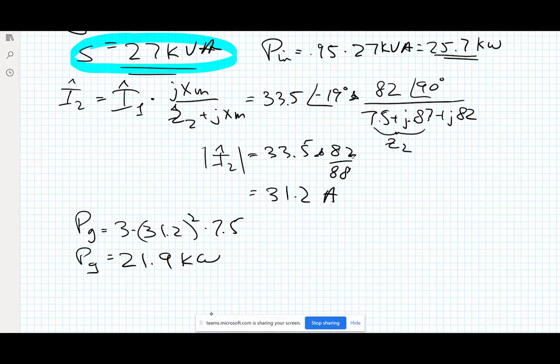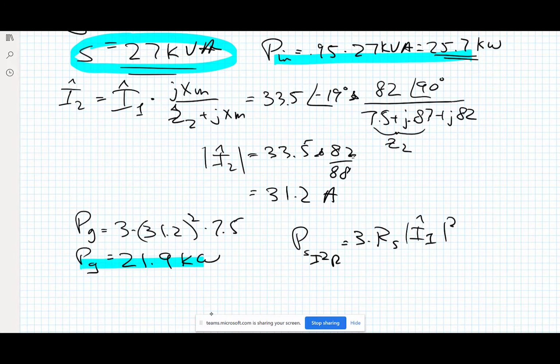It's about the difference between PN and PG. I could know exactly what my stator losses are if I wanted. It's essentially P stator, I squared R, which is 3 times RS times magnitude of I1 squared, but I don't even have to do that because it's going to be PN minus PG.